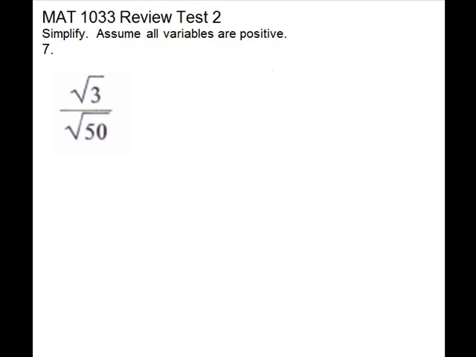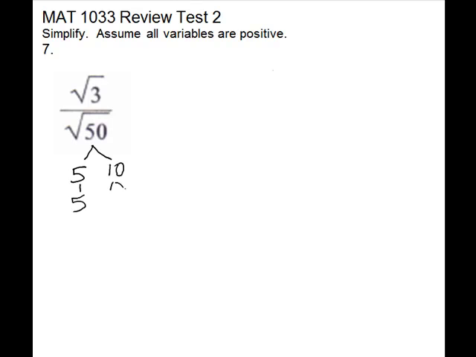For problem 7, I don't see anything in common between 3 and 50, so I'm not going to put it back as one radical. And 3 is a prime, so that's not going to simplify. So I'm going to work on this denominator. 50, I can break it down, and we'll see what is in there. So I have 5 times 10, or 25 times 2.